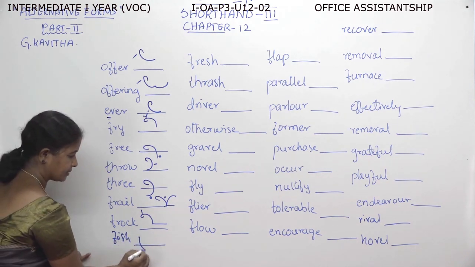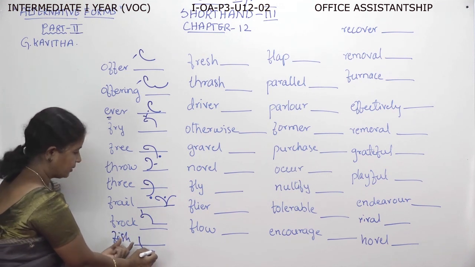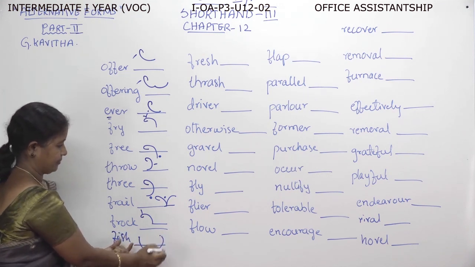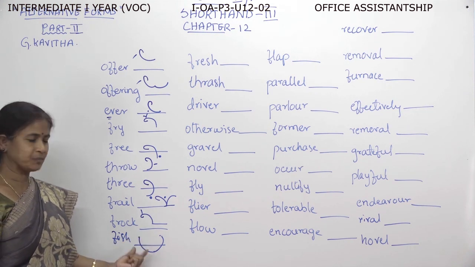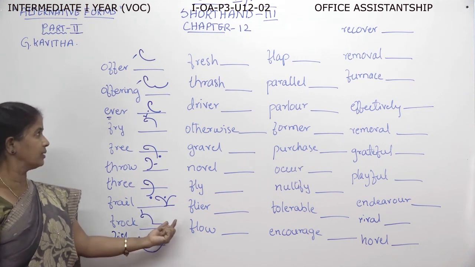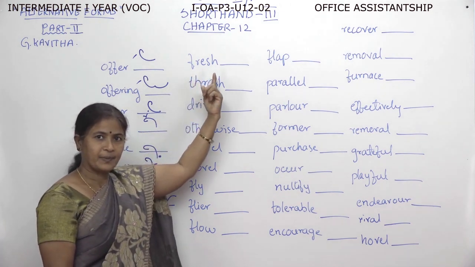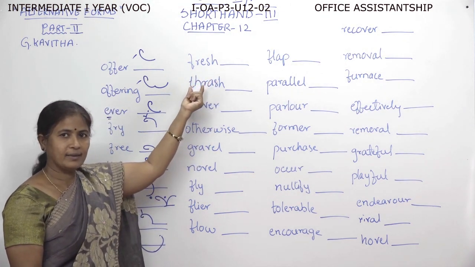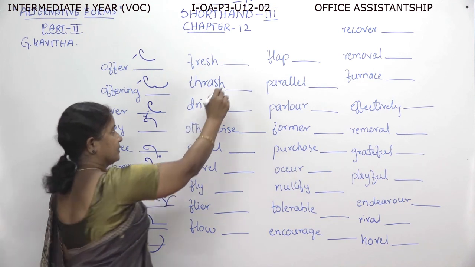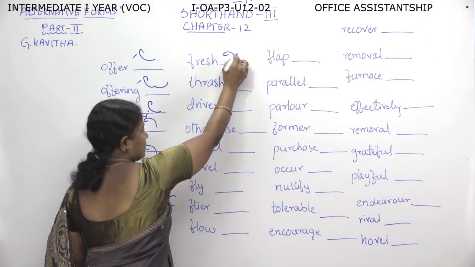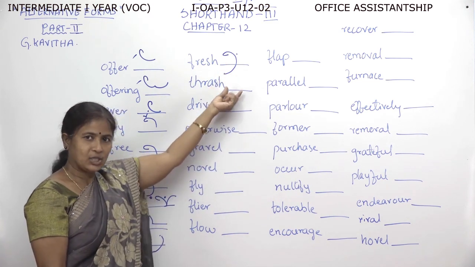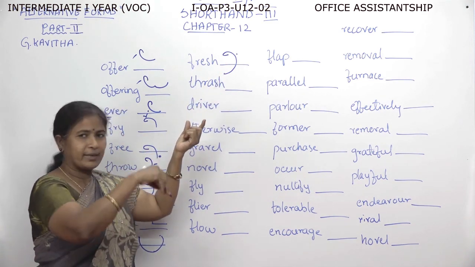F comes like this, and in this direction only ish goes above. But in fresh, we write the right form of for, so ish comes downwards. We don't write like this.